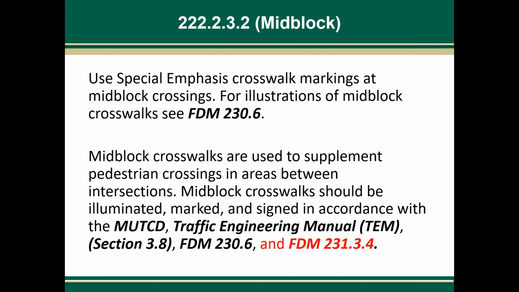Mid-block crosswalks should be illuminated, marked, and signed in accordance with the MUTCD, TEM section 3.8, and FDM 230.6 and FDM 231.3.4. And so that new section we added is just giving additional information about how best to illuminate the mid-block crosswalks. And this goes back to the EDC 5 STEP. Properly lighting pedestrian crossings is a way that data has shown helps increase pedestrian safety.